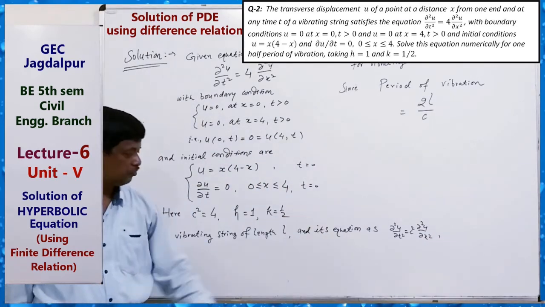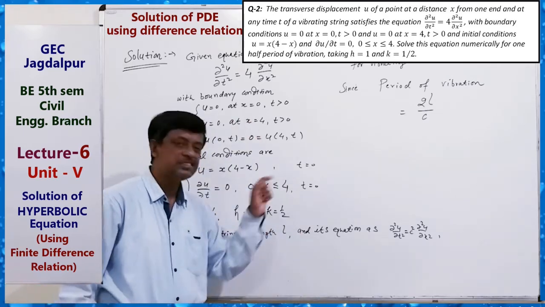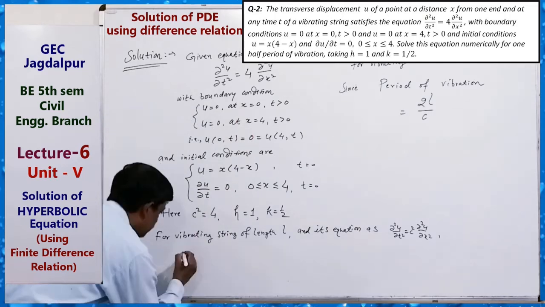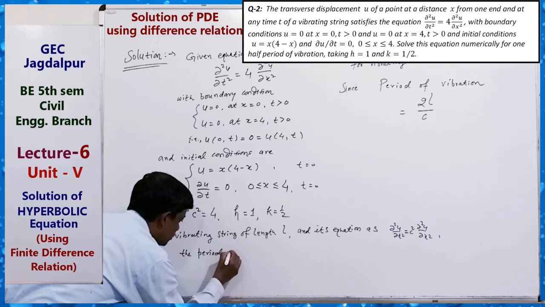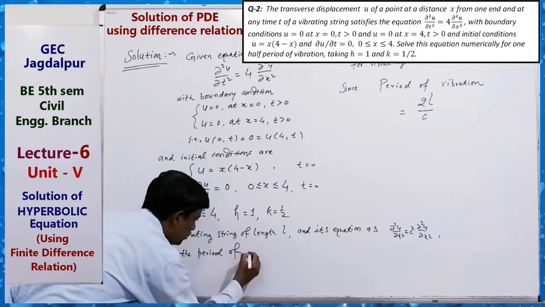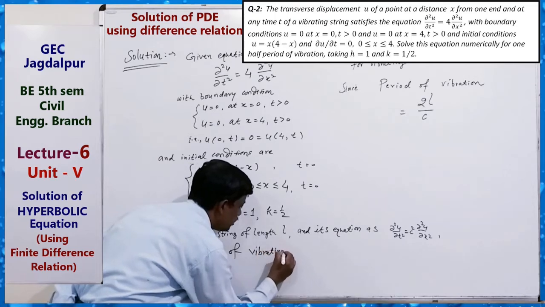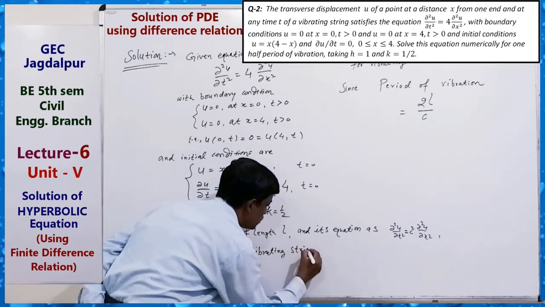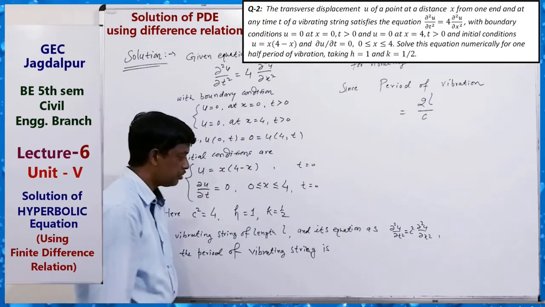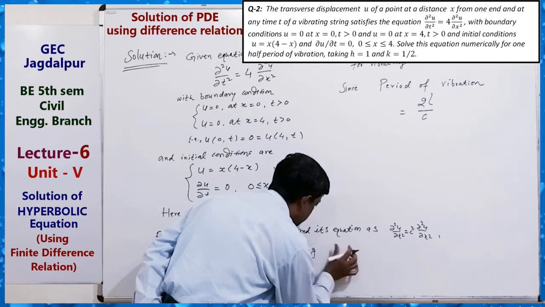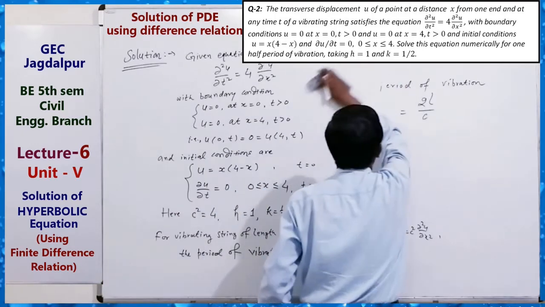This is the equation of the vibrating string, and its length is L. Then the period of the vibrating string is 2L upon C, 2L upon C.